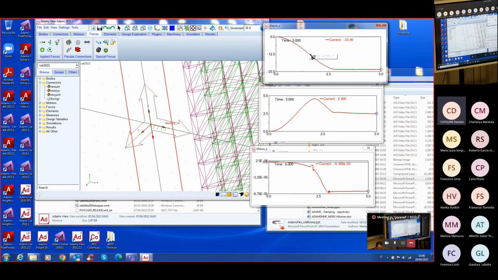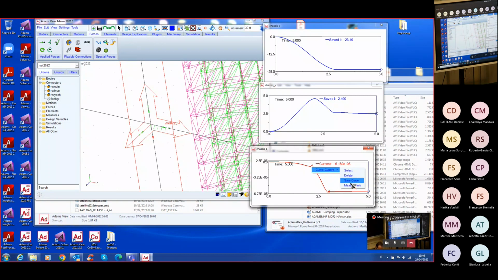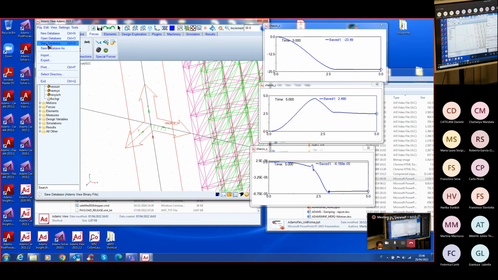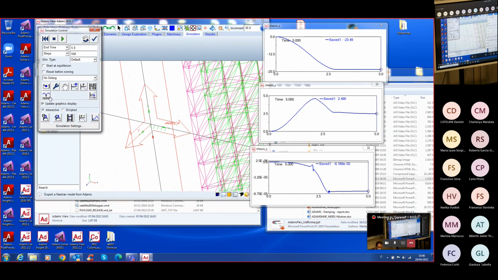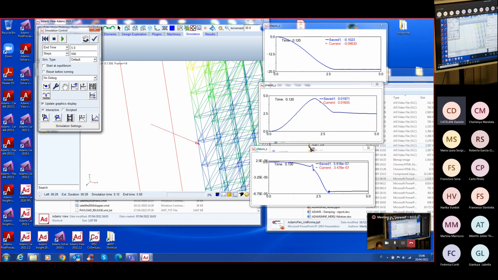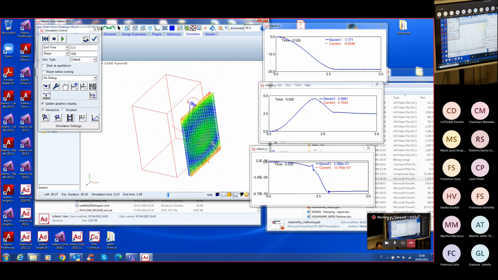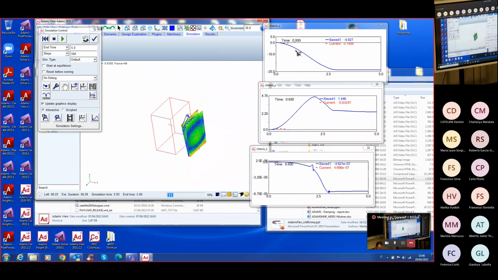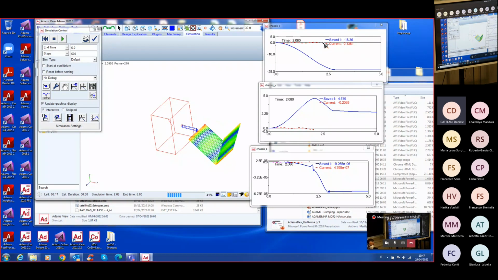Now, if I run the same analysis with the inclusion of a control system, I will appreciate that the satellite has oscillation, but limited oscillation.